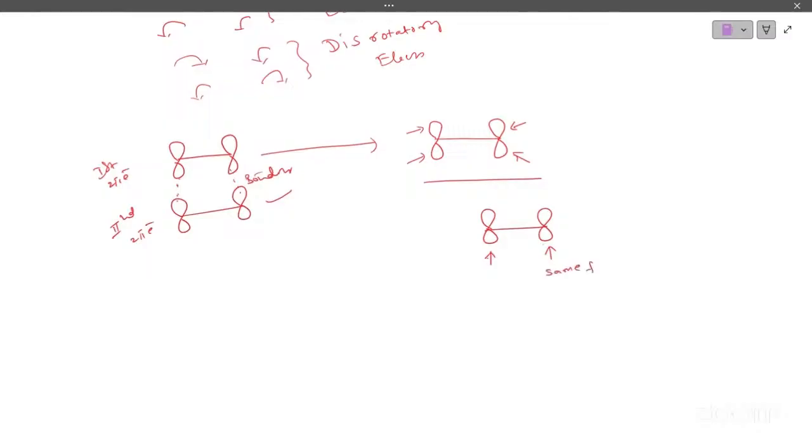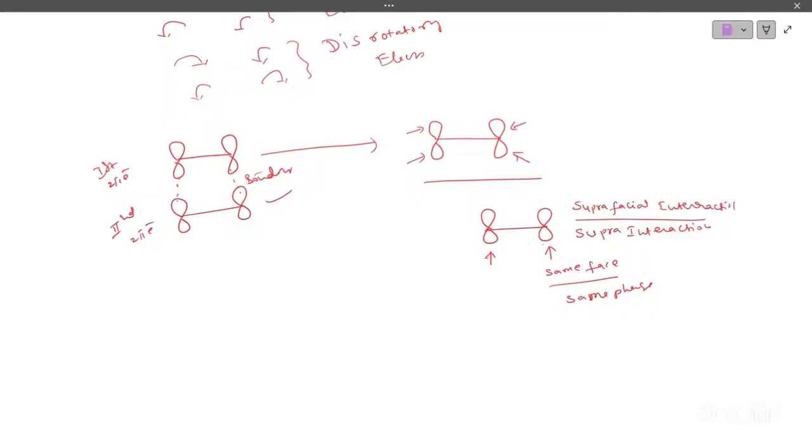Such interactions are known as supra interaction, or in full form, suprafacial interaction.